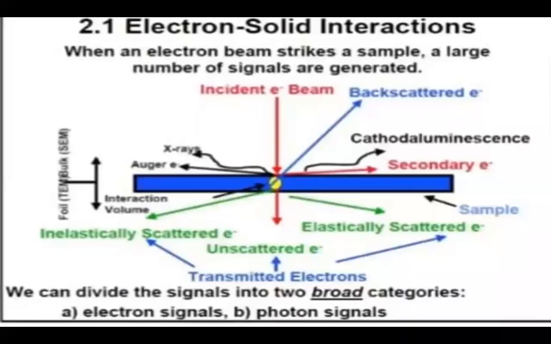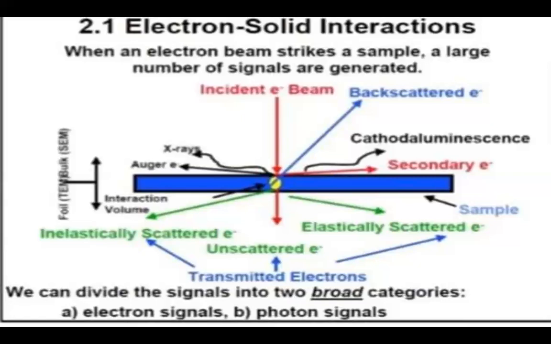The electron-solid interaction in electron microscopy: when the electron beam strikes the sample, a large number of signals are generated or produced. These signals may be secondary electrons, X-rays, backscattered electrons, etc. When the incident electron beam falls on the sample, various signals are produced.